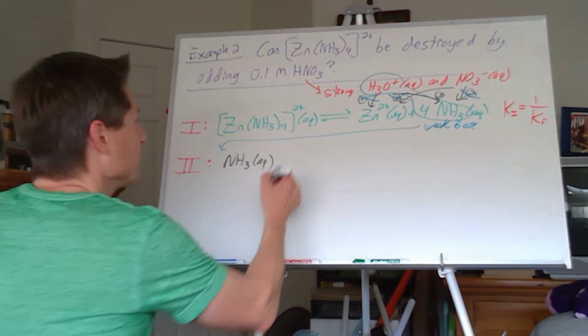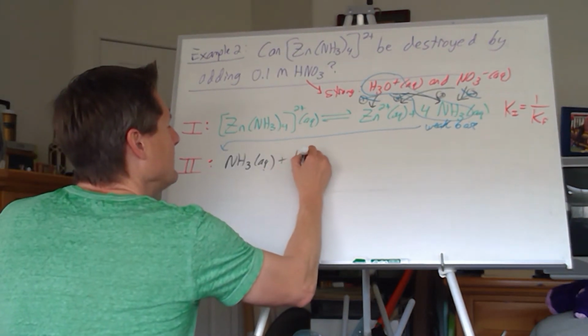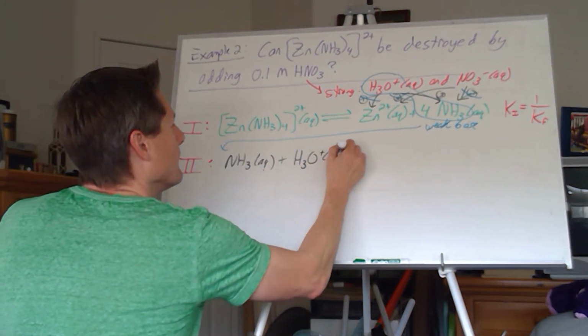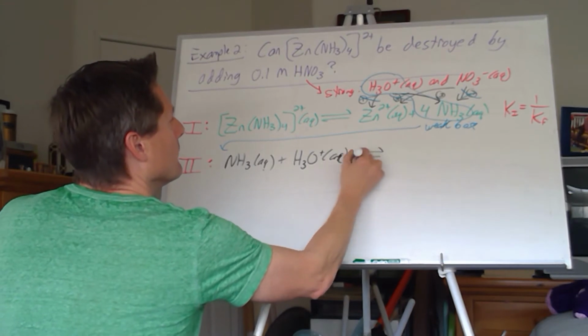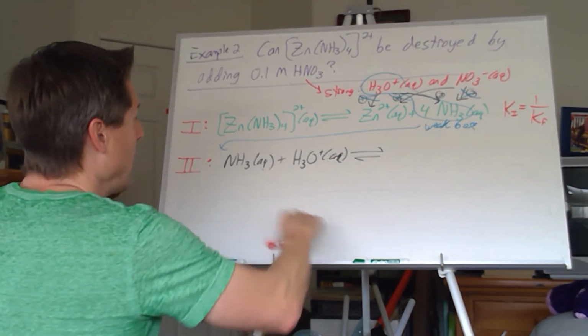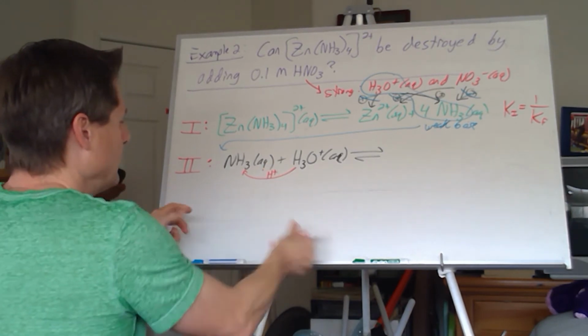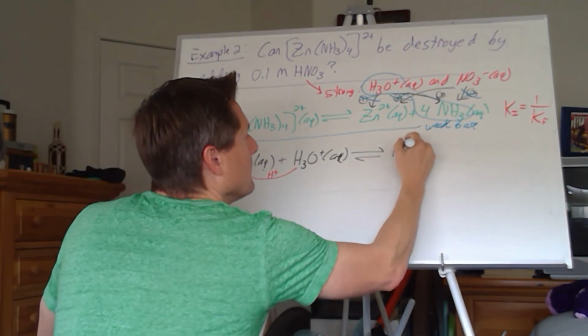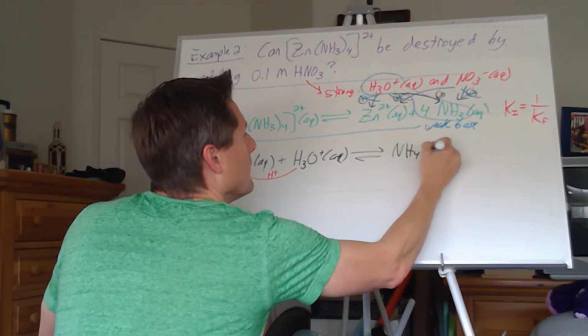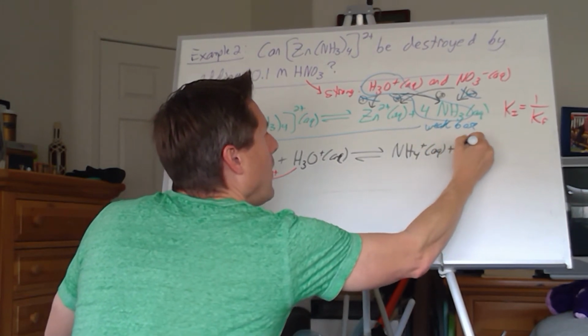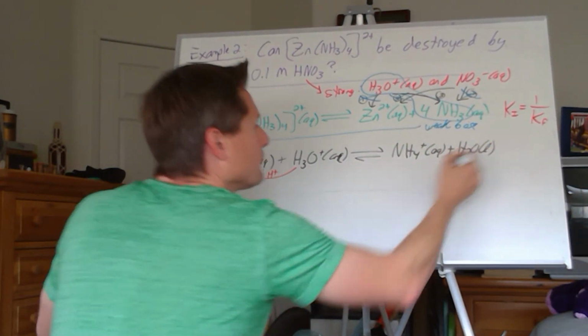It gets crazy. All right, so let's add these together. So we're going to get an acid-base reaction going on to get the ammonium ion plus water. Right?